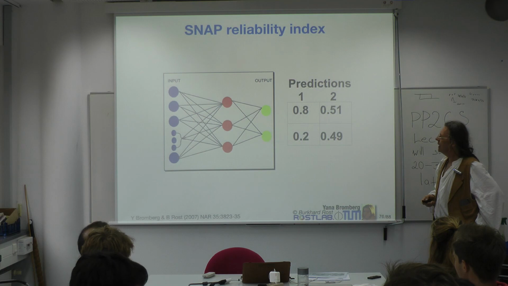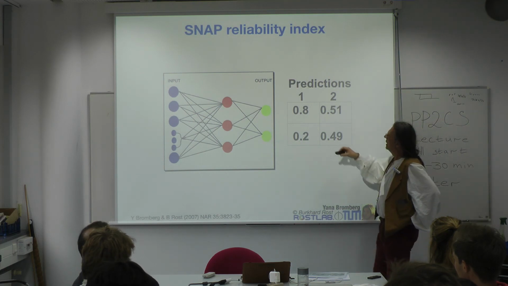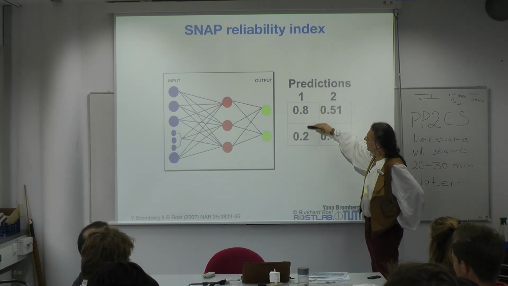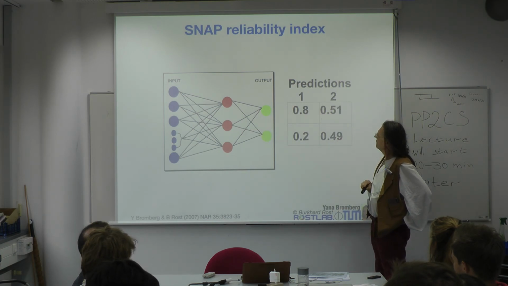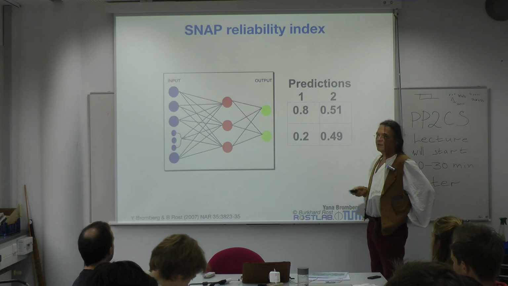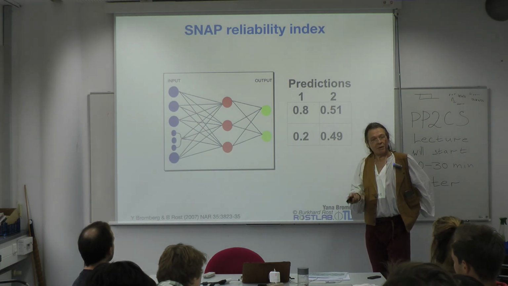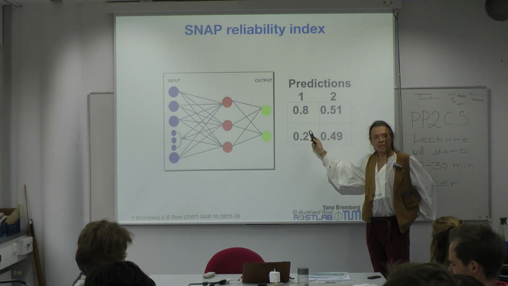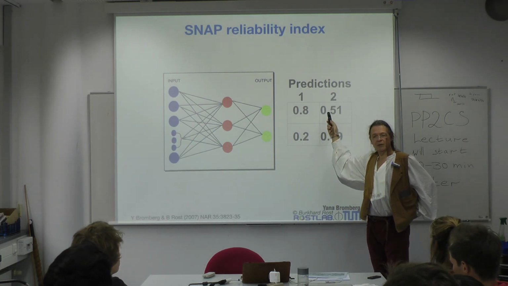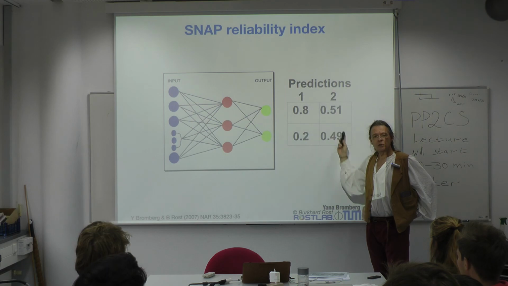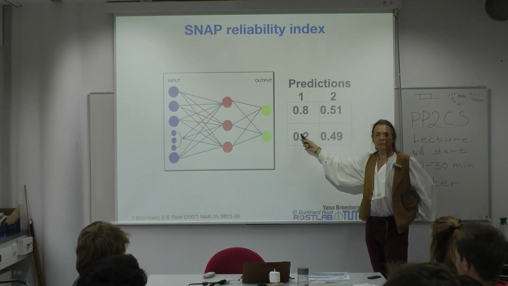Since we have a difference, say, this is the prediction for one particular variant, and that's the prediction for another variant, both of those give the same prediction, namely effect, because in both cases, this value here is higher than that value, for case 1 and for case 2. But for case 2, the difference between these two is lower than for case 1.